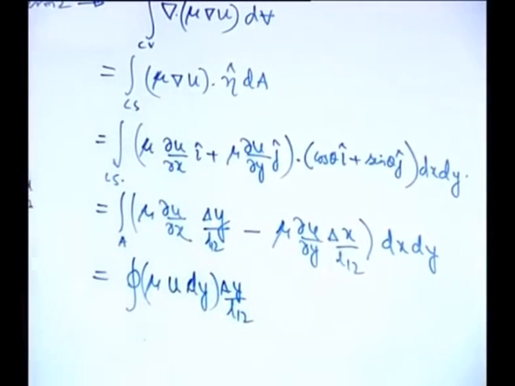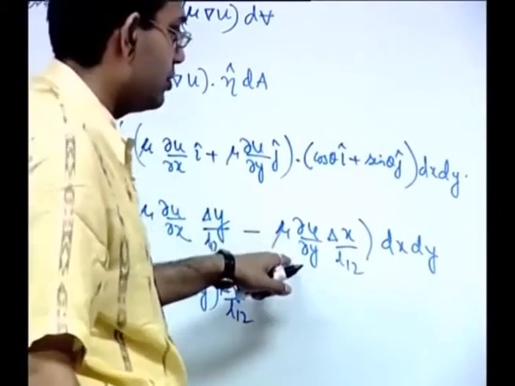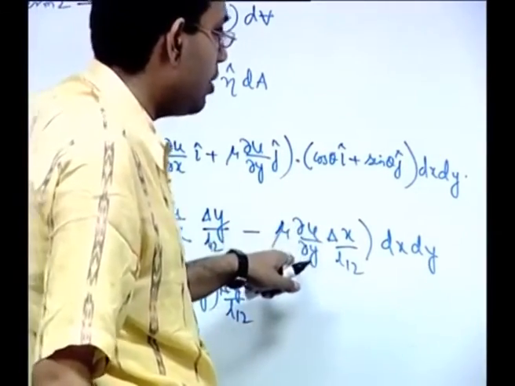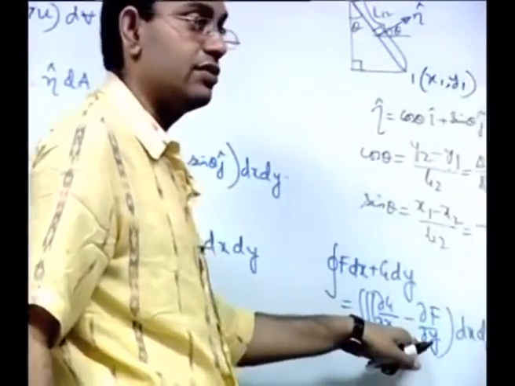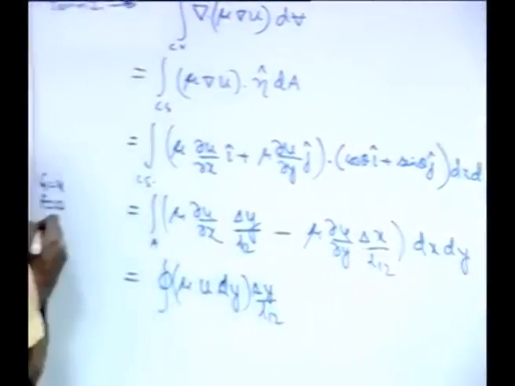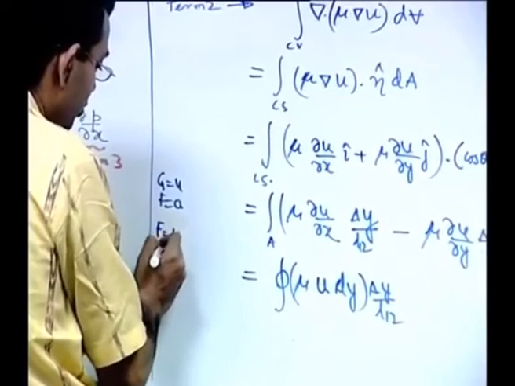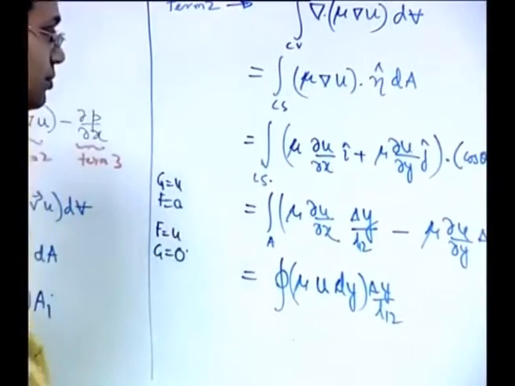This is one contour integral. Then for the next one, minus del u del y is like minus del f del y. So, f equal to u and g equal to 0.